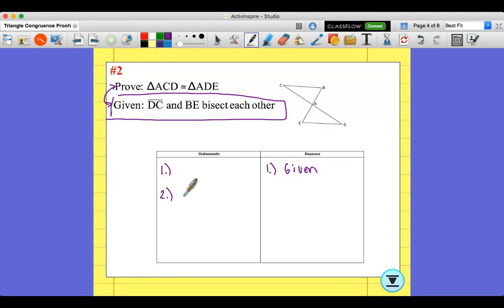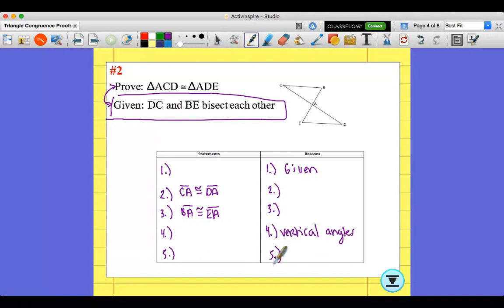Here I'm going to say I'm going to go with that.